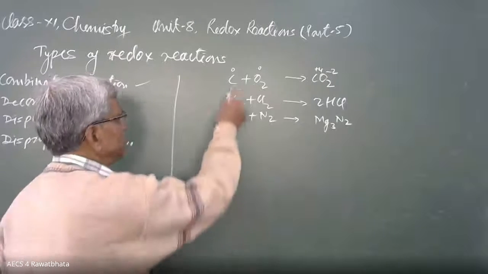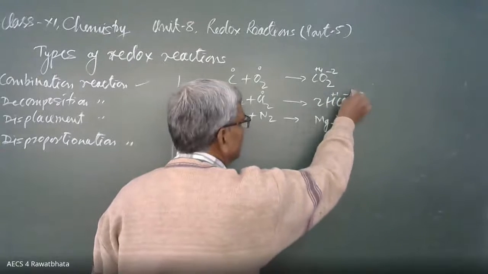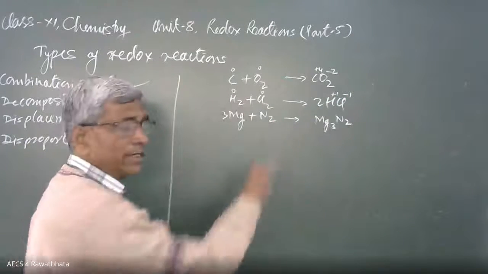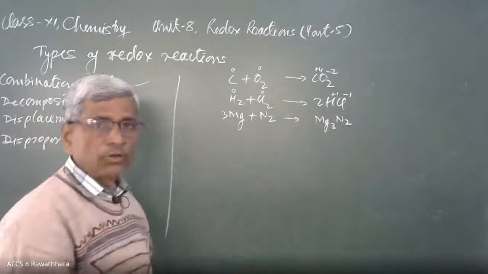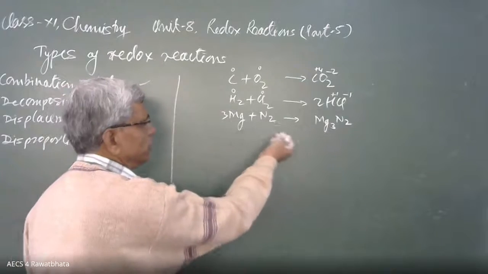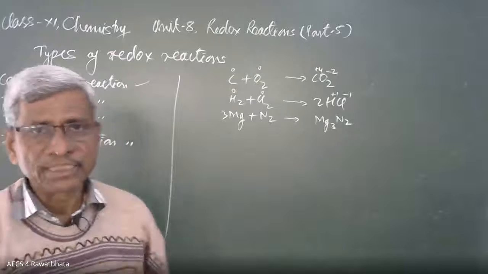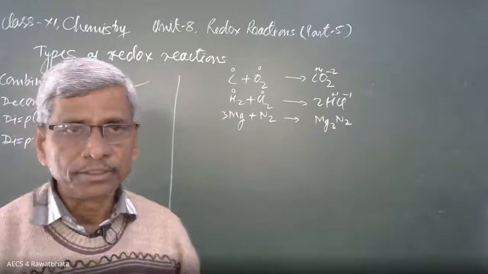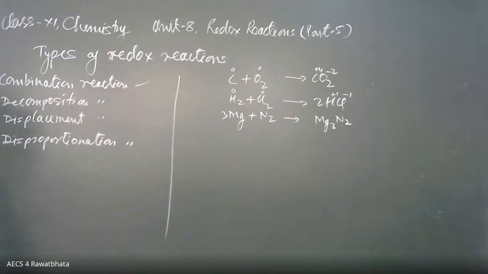Here H2 is 0, Cl2 is 0, H is plus 1, Cl is minus 1. From 0 to plus 1, hydrogen, oxidation. From 0 to minus 1, chlorine, reduction. In the same way, Mg goes from 0 to plus 2 and N from 0 to minus 3. That is a redox reaction. So this is the example of the first type, the combination reaction.